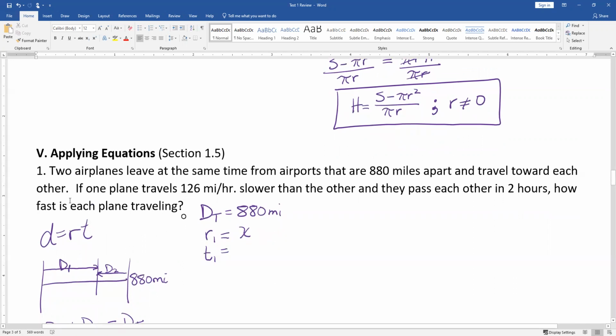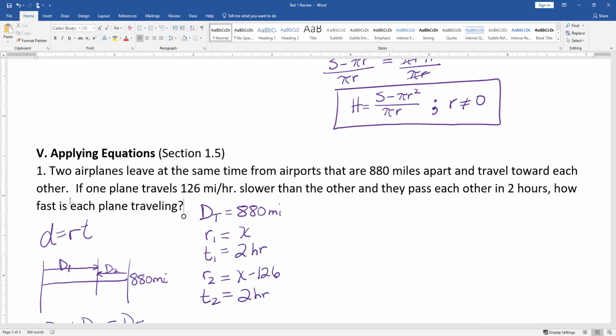And what's its time? 2 hours. Okay, what about now the rate and time of the second plane? So we know the time is the same, it's still 2 hours. What about its rate? There we go. It's the speed of the faster plane minus what they've told us, which is that it's traveling 126 miles per hour slower.